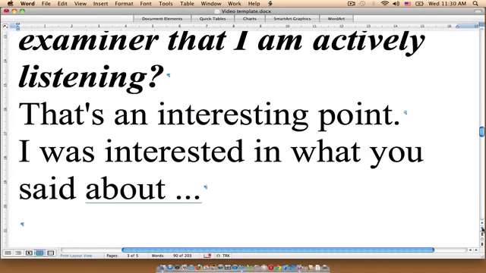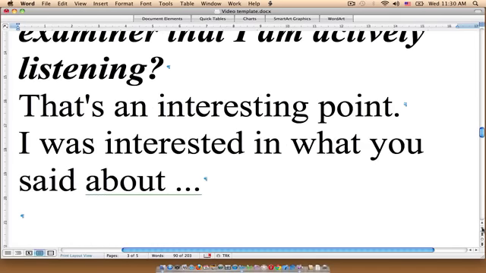Try phrases like, "That's an interesting point." And this also helps you lead off from something that the examiner says. "I was interested in what you said about." Now, this could be a phrase that either the student or the examiner might say.